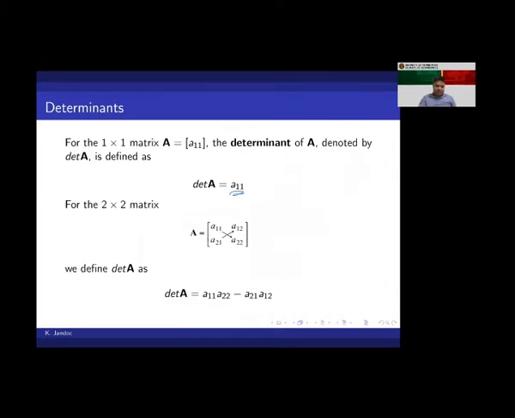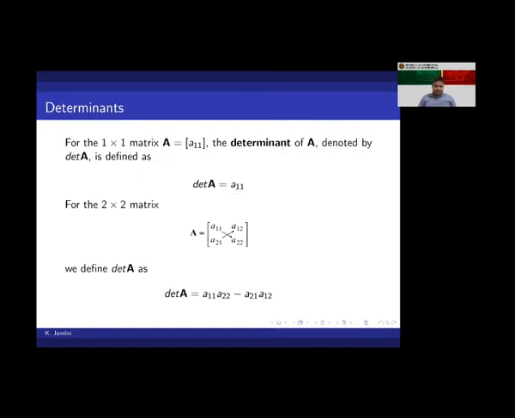So for example, you have a matrix A with only a single entry, say 5, then the determinant of A is equal to 5. Okay?